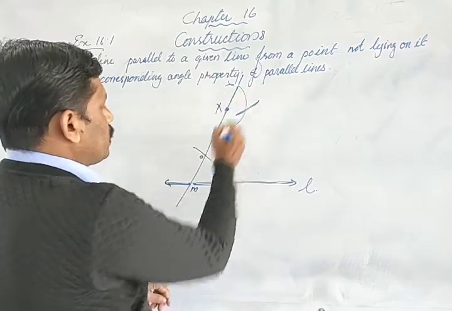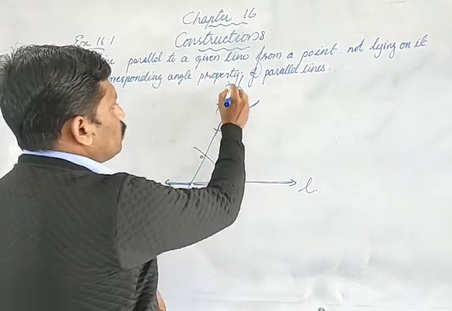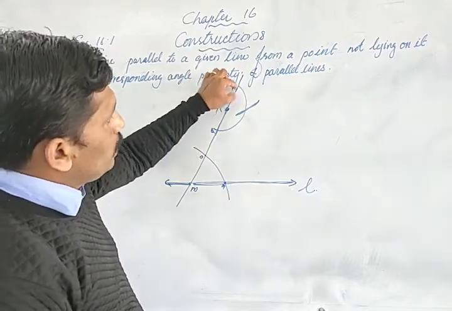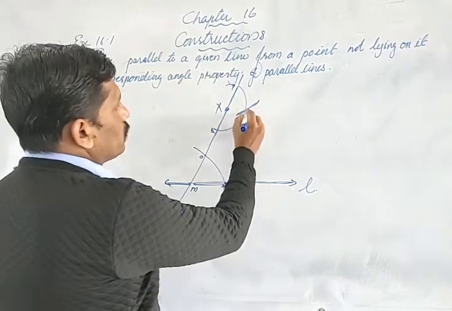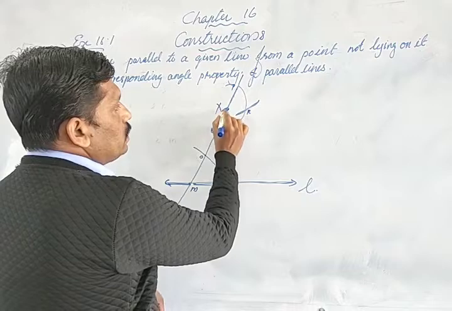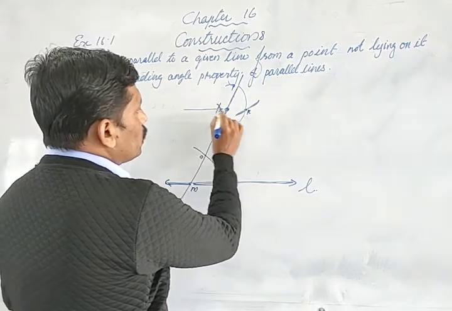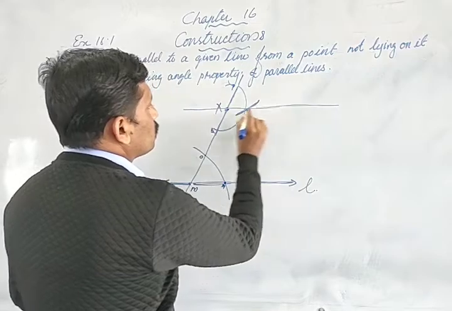Here you can give P and Q. So from P you cut the arc at R, then here you get R. And this point X and this point R, using the scale you have to join, that is a parallel line.